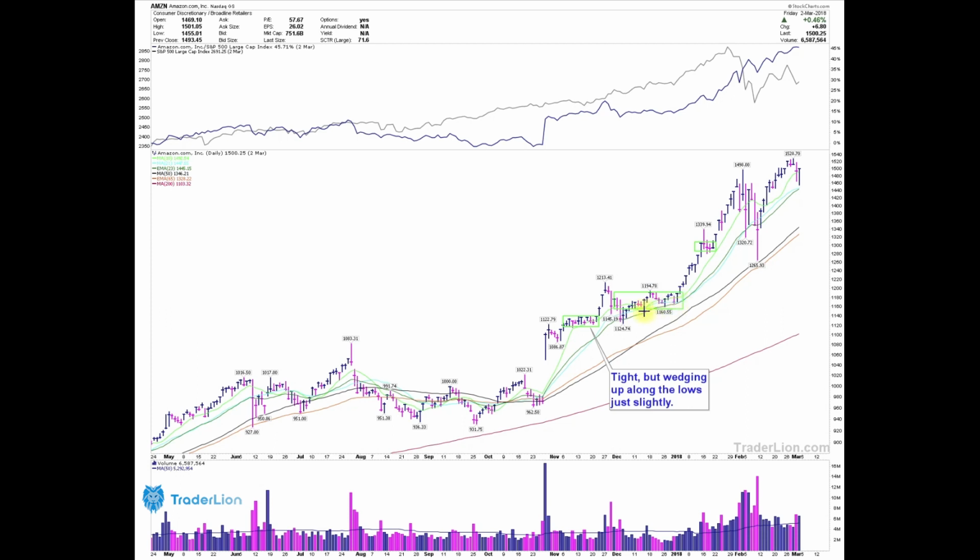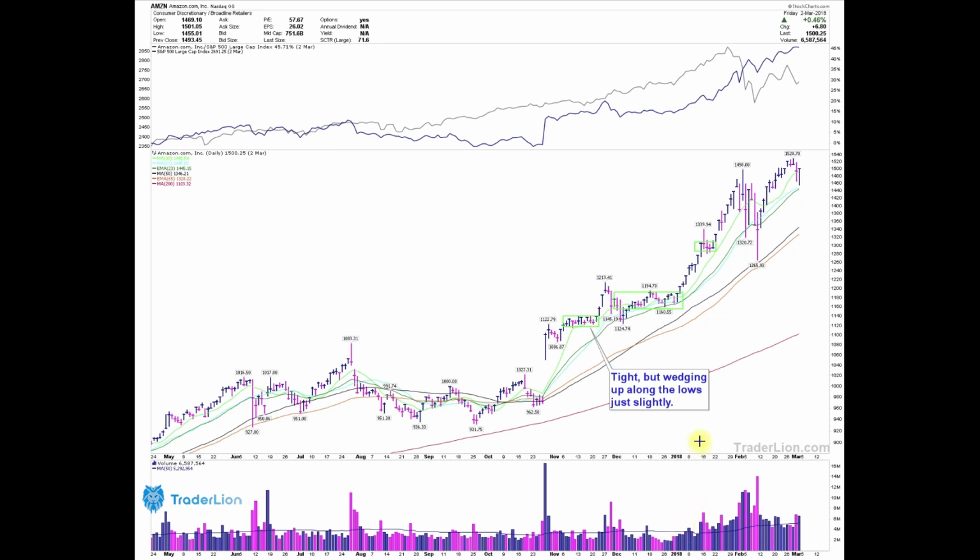Now, on the daily chart, this may not catch your eye as tight, though it's certainly constructive here as we're moving sideways on overall very light and well below average volume before the volume comes in taking it higher.